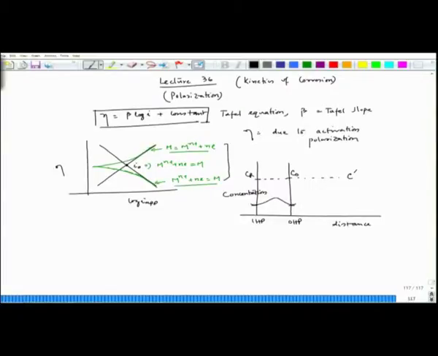So, this is the situation where we have IC to be more than IA.